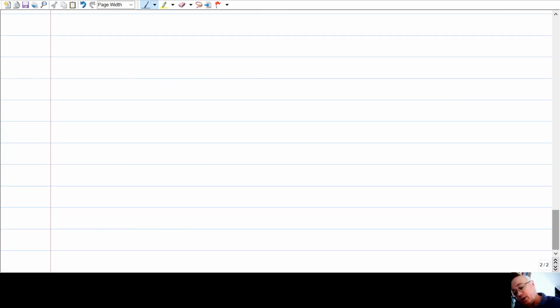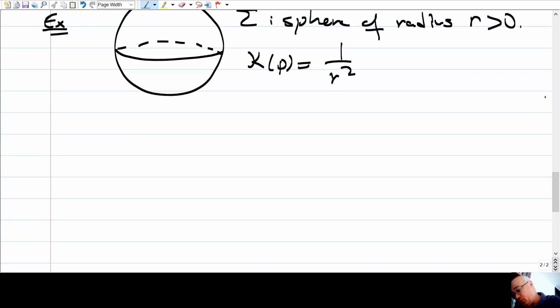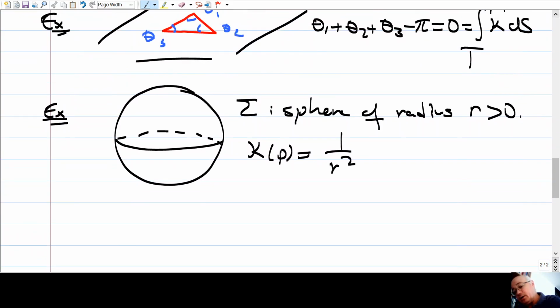So if you take a triangle here, let me take a triangle like this, starting from the North Pole. I take two geodesics, great circles, and join them like this.